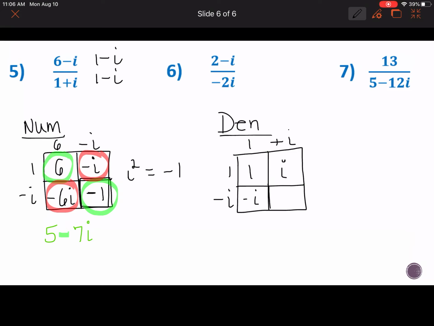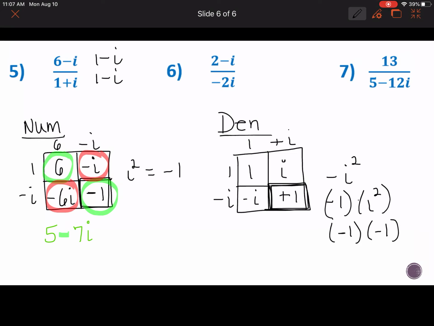Now let's look at this 4th corner again. Because we have i times negative i, and that is negative i squared. So in other words, that's negative 1 times i squared. We already know that i squared is equal to negative 1. So in this box here, we really have a positive 1, because negative 1 times negative 1 is equal to positive 1.